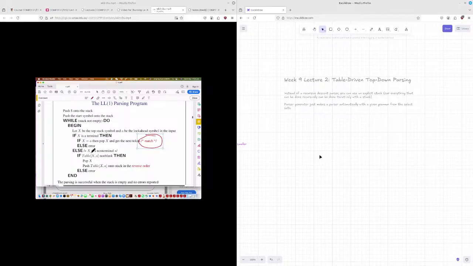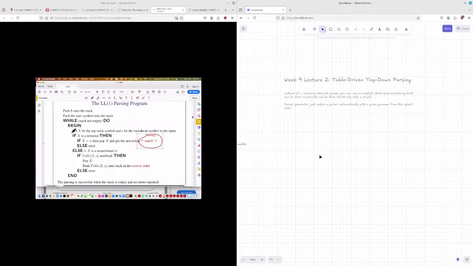You simply consult this table, and if this table contains a production for you to use, you simply use that. Then you replace X by its right-hand side in reverse order. You will see what this means shortly. You have to reverse the right-hand side because the parser always discovers the leftmost derivation.